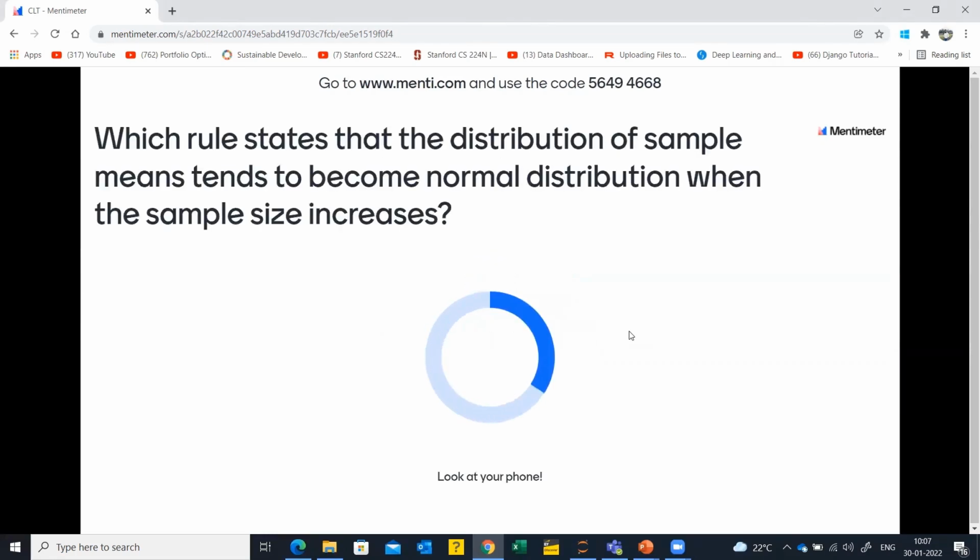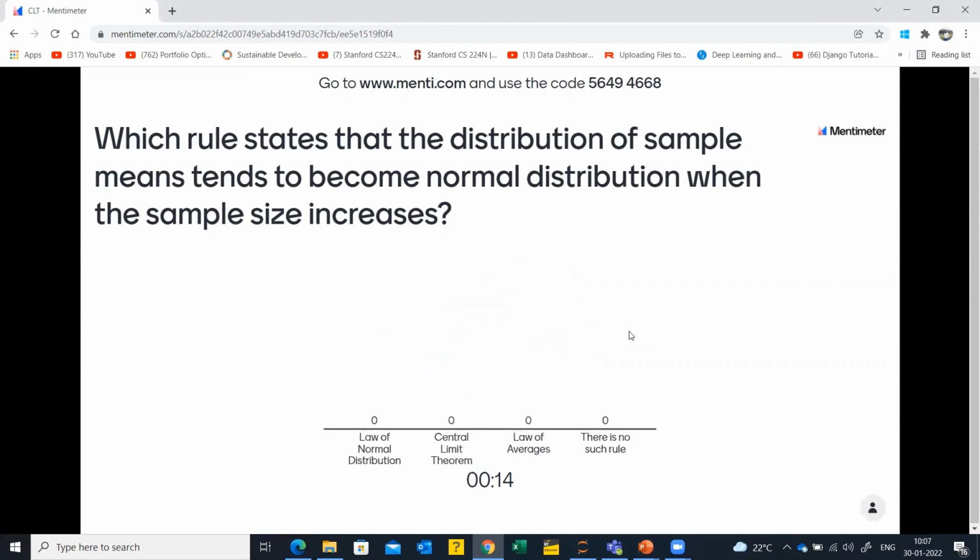Which rule states that the distribution of sample means tends to become normal when the sample size increases? We all went through it just now. Central limit theorem. Yes, the central limit theorem says that as the sample size increases, the distribution becomes more and more normal, right?